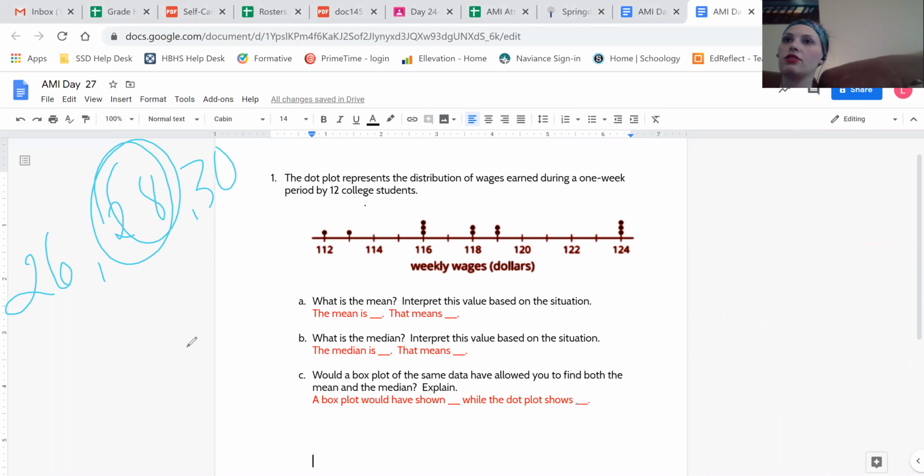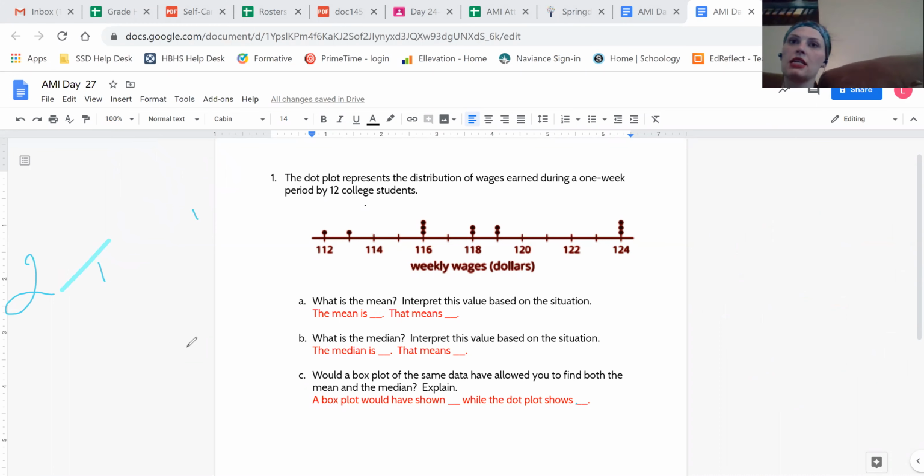And then the box plot. I'm just going to open up yesterday's assignment because there's a box plot on there. In order to find the median, you have to find the middle term. And in order to find the mean, you have to know each individual term, add them all up, and then divide.